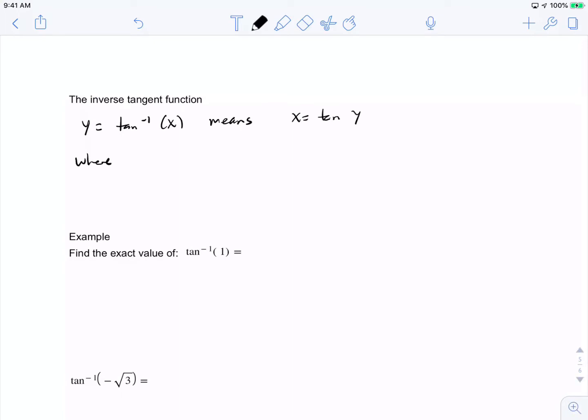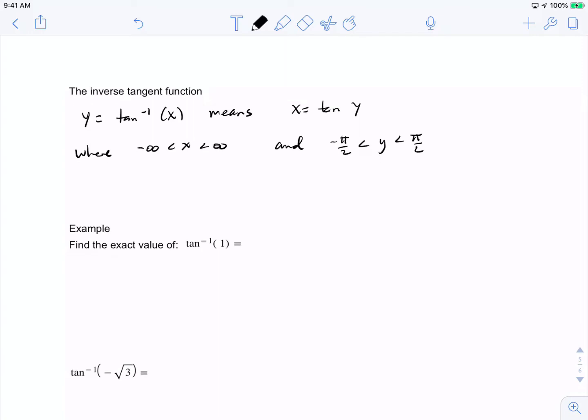And our restrictions are: x goes from negative infinity to positive infinity, and y is strictly between negative pi over 2 and pi over 2.